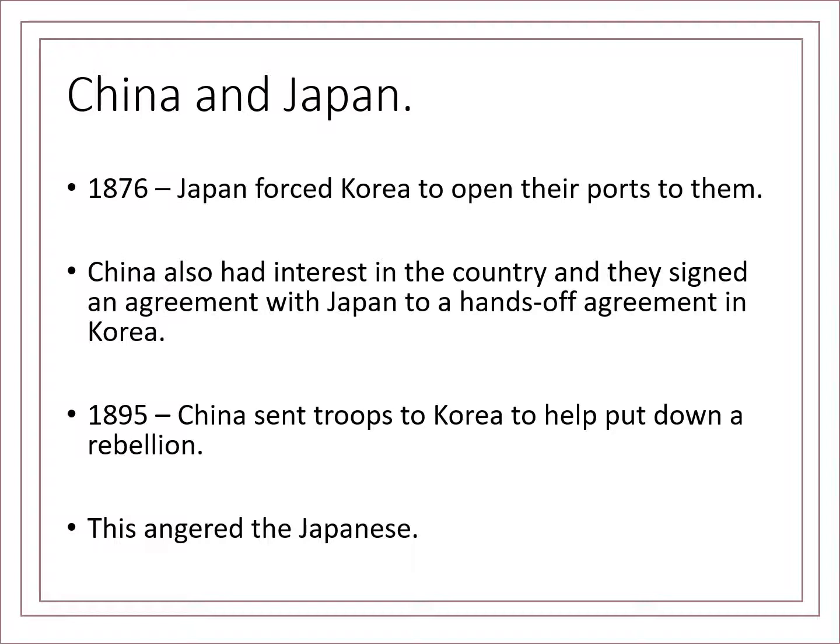However, in 1895, China sent troops to Korea to help put down a rebellion. The Chinese were asked to do this by the Korean leader, so they sent troops there to help stop the rebellion. Since they had already signed the agreement with Japan, this angered Japan that the Chinese were sending troops there.